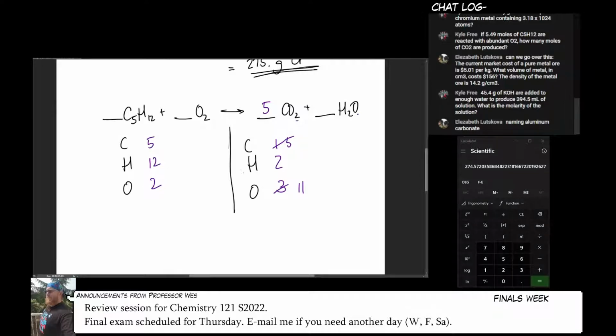Then the next step would be to balance H. I have 12 over here and they come in pairs, so this makes 12. So that's balanced. But now I have 5 times 2 is 10, plus 6 times 1 is 6. So I have 16 oxygen. We'll just erase all that and put that down. And then finally, I can balance oxygen, which I do by just doing that.